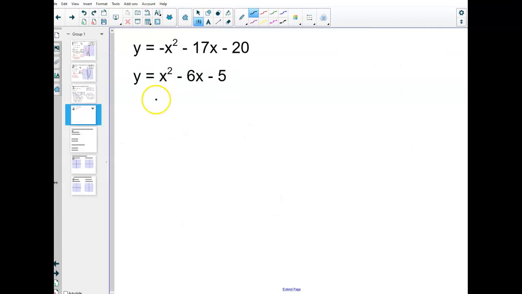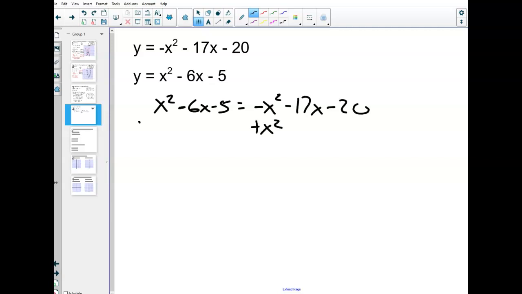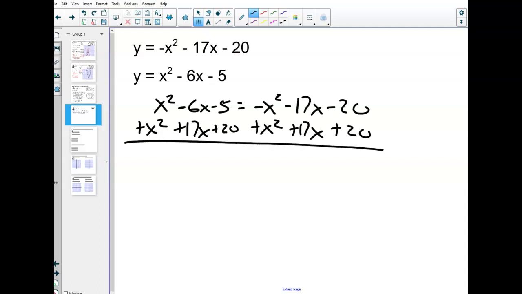So in this case, what I'm seeing people do, I'm seeing most people being able to do this, the substitution part, and we're going to add everything over. 2x squared plus 11x plus 15 equals 0.